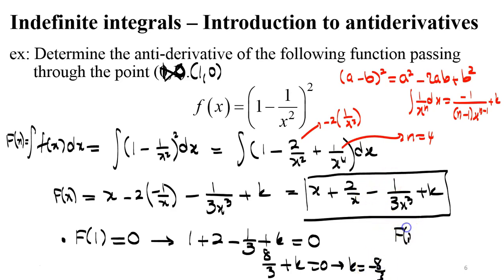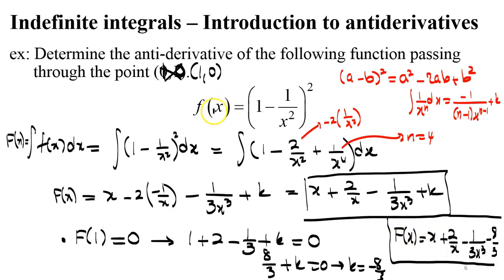So finally, we end up with F of x to be x plus 2 over x minus 1 over 3x cubed, of course, minus 8 over 3 as the antiderivative we are looking for. So this is the antiderivative of the function small f of x that passes through the point 1, 0.